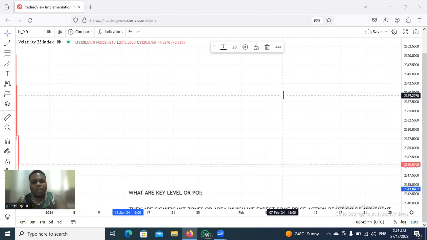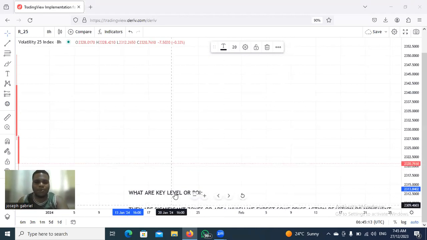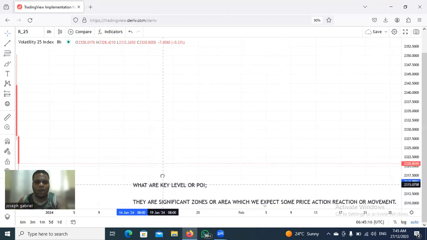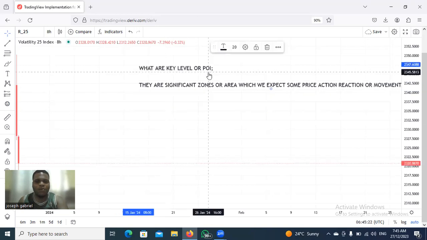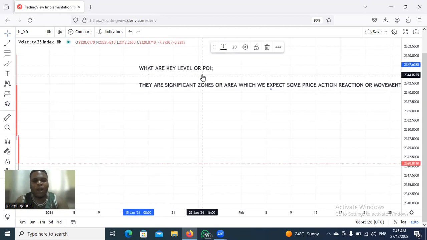All right, so we're talking about what is key level. It's very important that you understand what is key level, or you can also call it a point of interest, because the two are alike. When I talk about key level, I'm talking about my point of interest as well. So what are key levels?